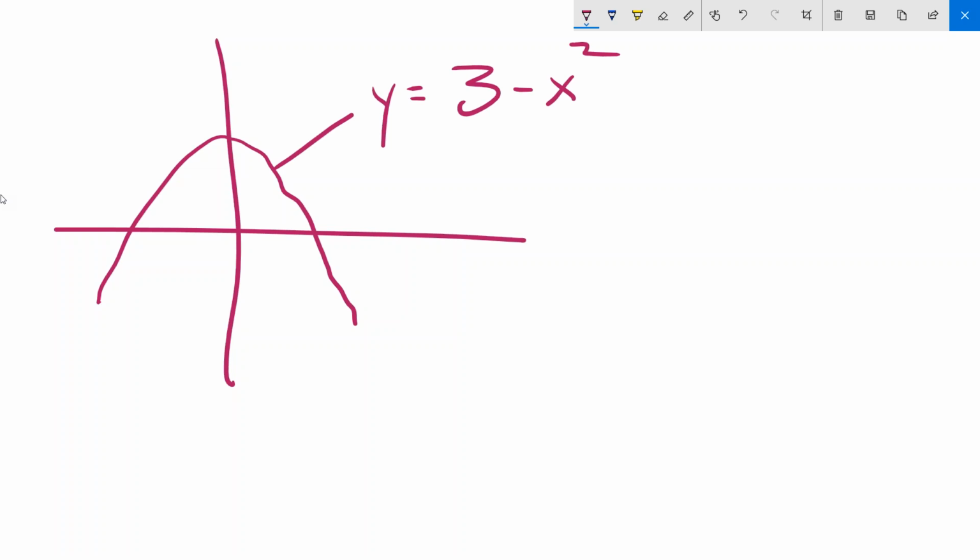Okay. And the way to think of that equation is it's minus x squared plus. Yeah. In other words, minus x squared looks like this, right? Yes, sir. And plus 3 means it's a vertical shift up by 3 units.